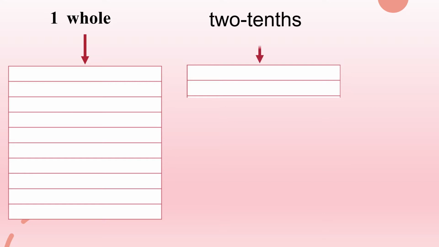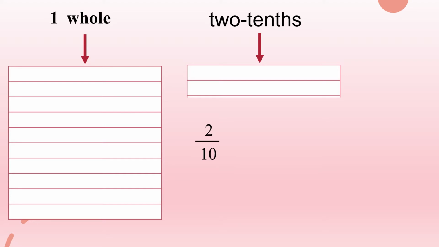Here we have one whole. So one whole is divided into 10 equal parts. Let us take 2 parts outside. So what is this fraction? 2 by 10. So how will you read this? 2 tenth. We write this as 2 by 10.